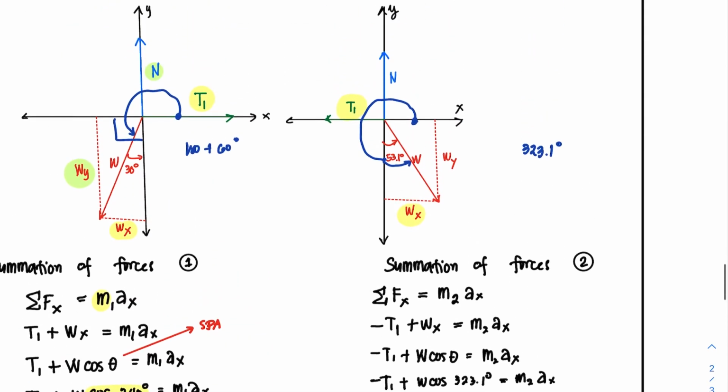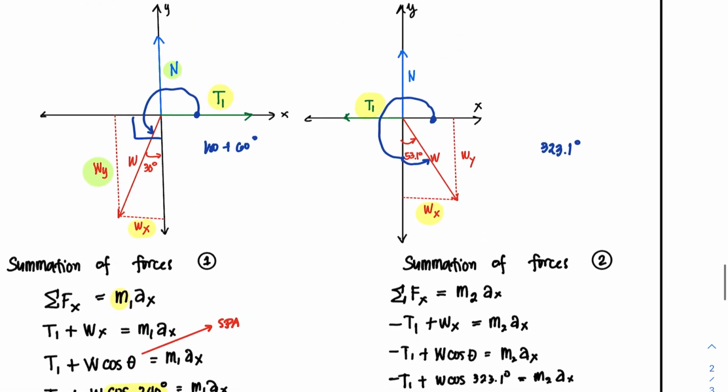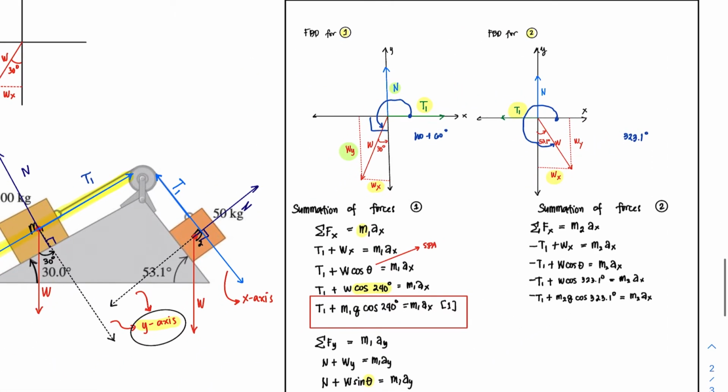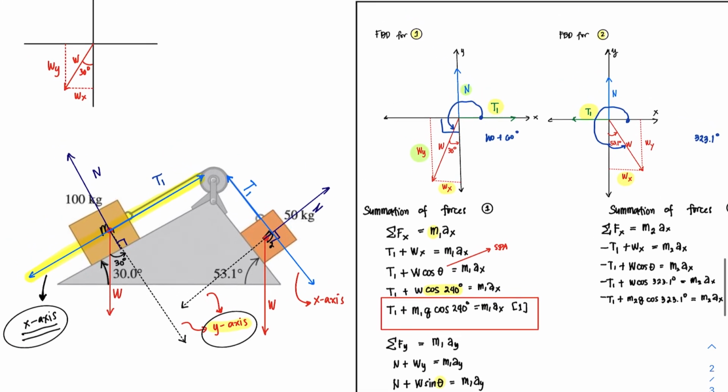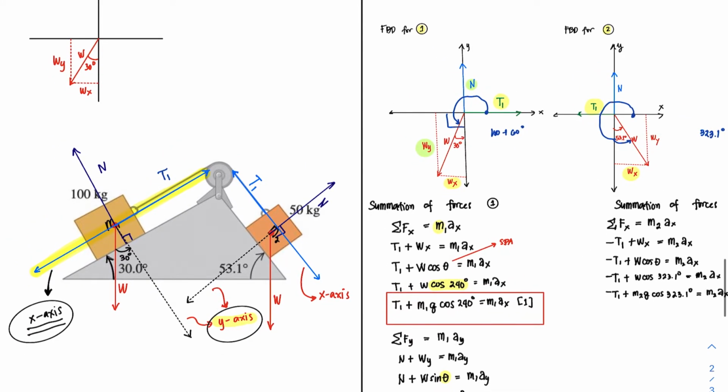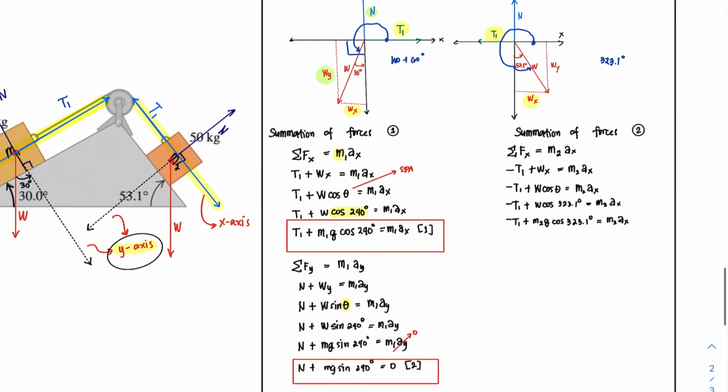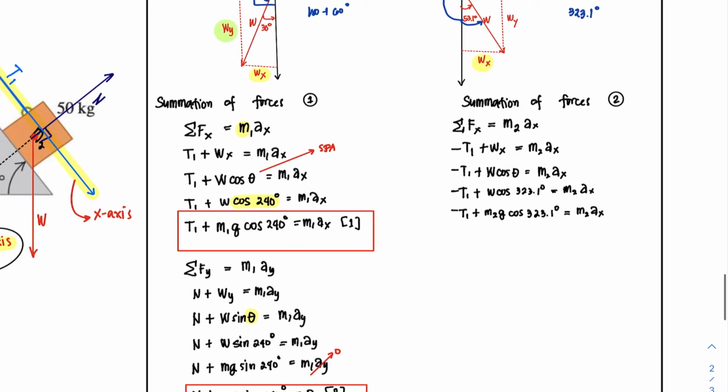Now, if you remember, your a sub x will not be 0 in this case because, again, in the rotation, if you have not really understood that, I encourage you to watch the video on the free body diagrams. We actually set this direction where your tension is to be your x-axis after we rotated that one. Therefore, the motion is only along the ax, so ax will not be 0 in that case.